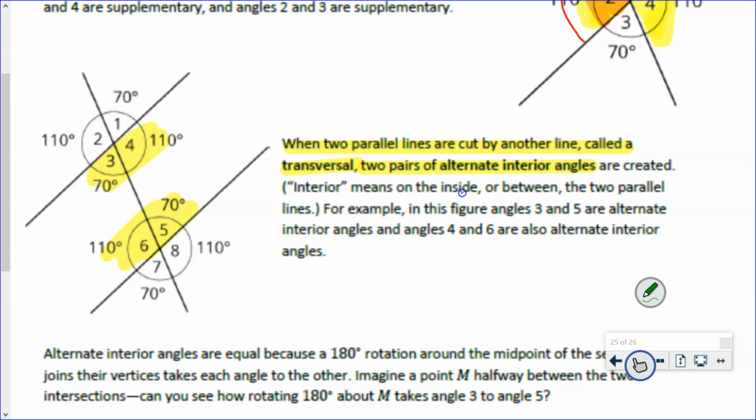And alternate means they're going to be on alternate or different or opposite sides of that transversal. Alternate, interior, meaning on the inside, angles. And they are congruent.